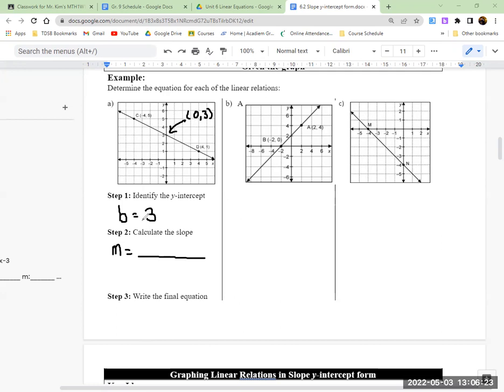It doesn't matter. Which one did you use first, C or D? It doesn't matter. So how about we just use D first? The y is on the top, the x is on the bottom. Minus, minus. Y is on the top, x is on the bottom.